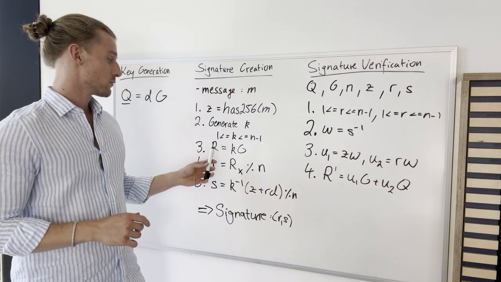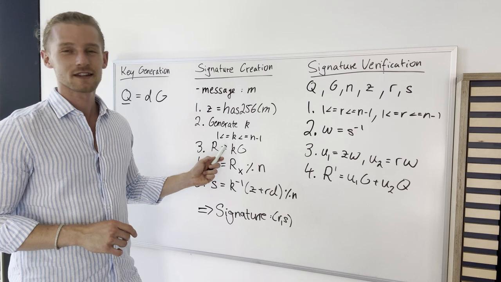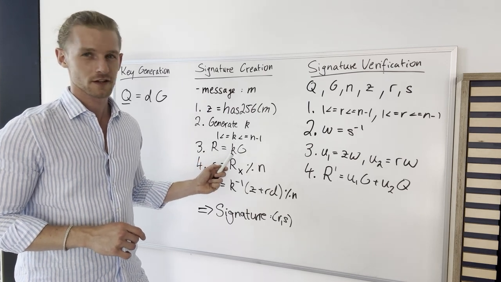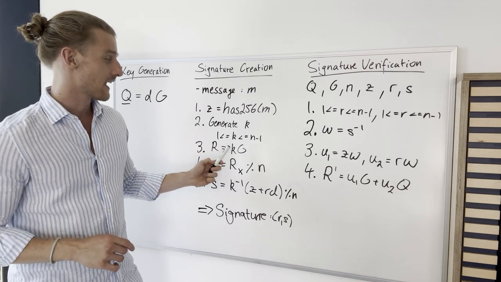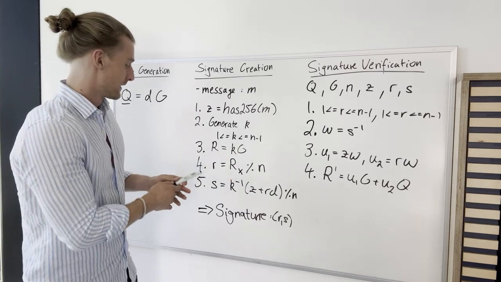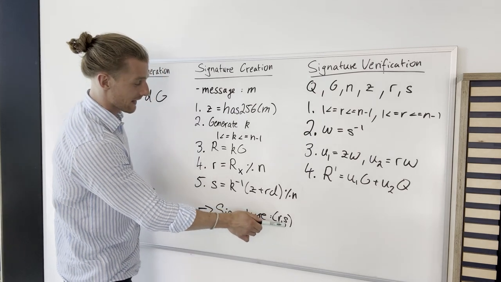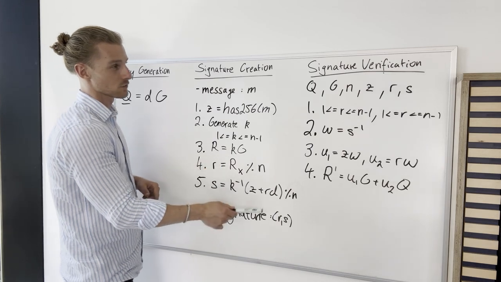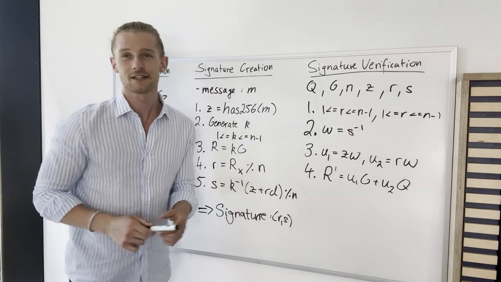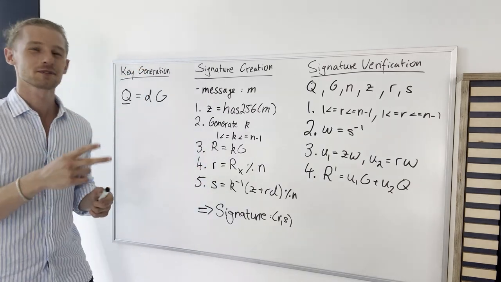We are trying to reconstruct this point here that we generated using the random integer, the nonce k, and the generator point. But instead of using k directly, because remember, throughout this process we created R and S includes k, and R in a way includes k as well, but k is not publicly known. K is another secret integer that we have. So we have two secret integers.